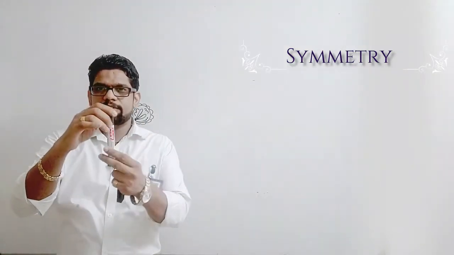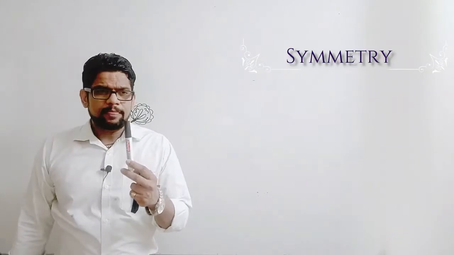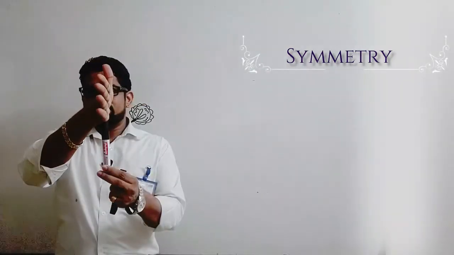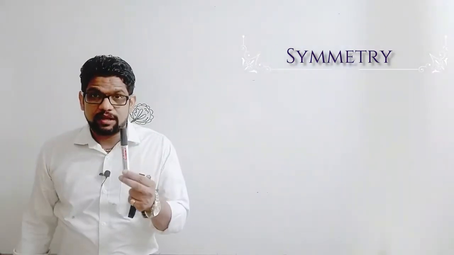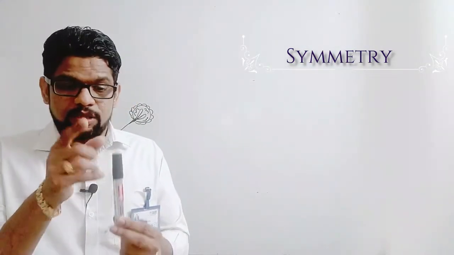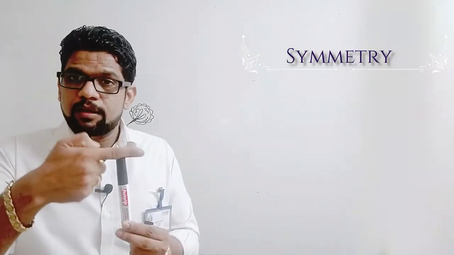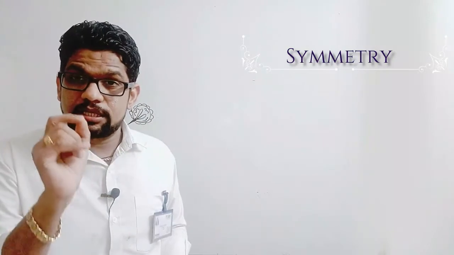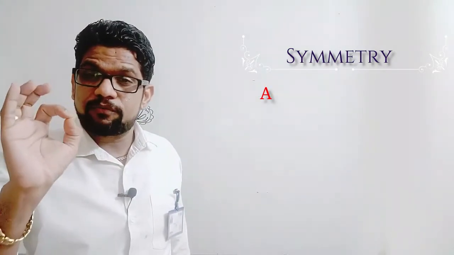Suppose this marker, this is just like a radial symmetry. Whether you cut from here or here, you will get equal halves. If you can cut a flower by vertical planes passing through the center, in more than one way, this is called an actinomorphic flower.